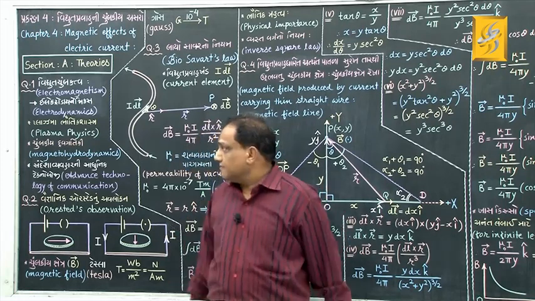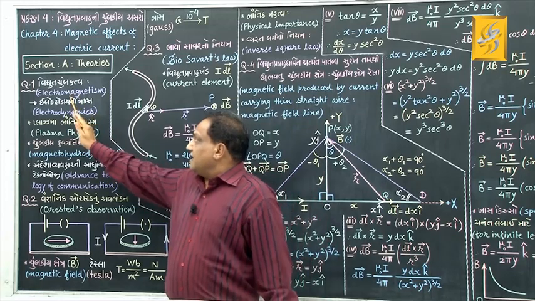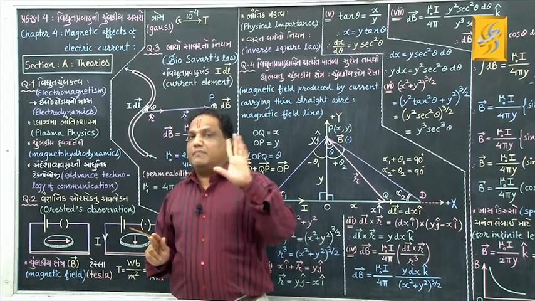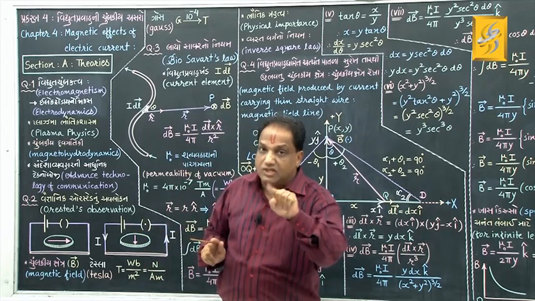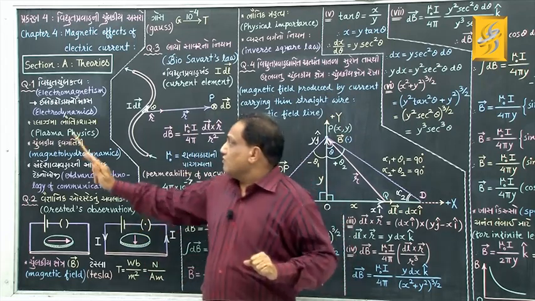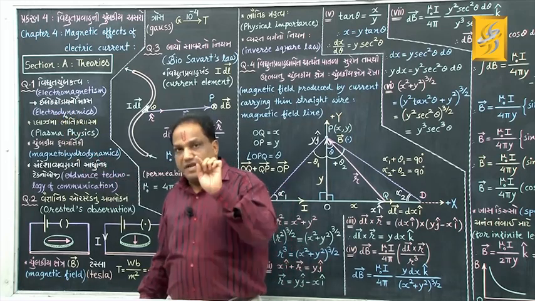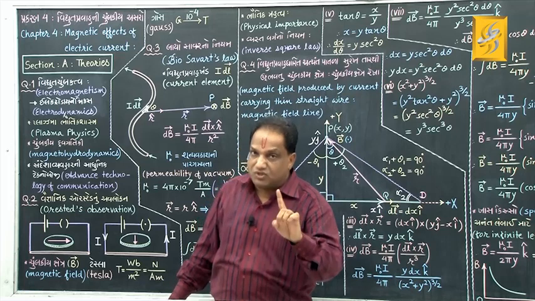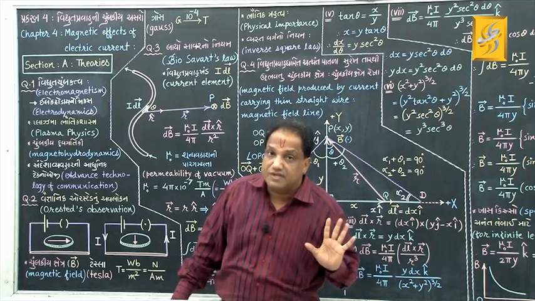Now the detailed study of electromagnetism is made in another branch of physics, which is called electrodynamics.